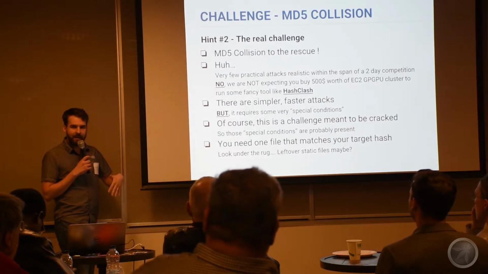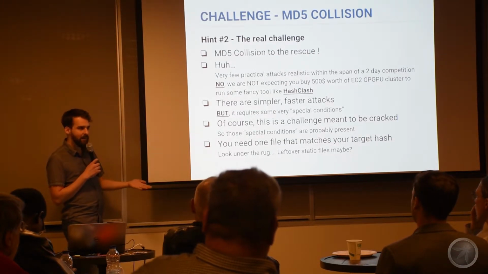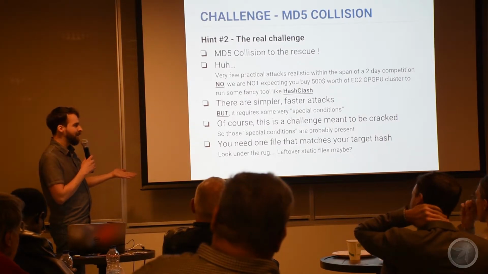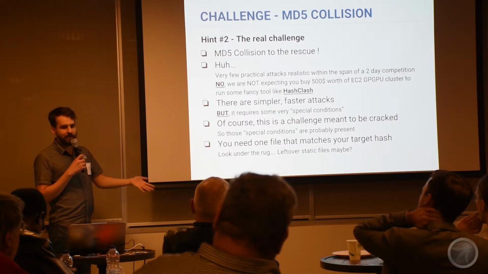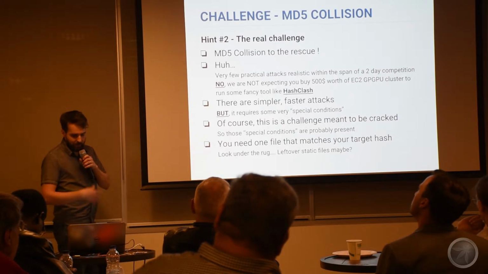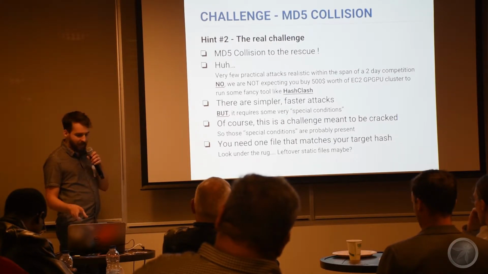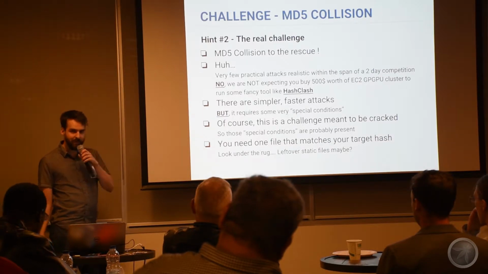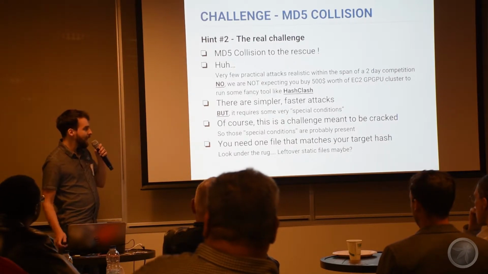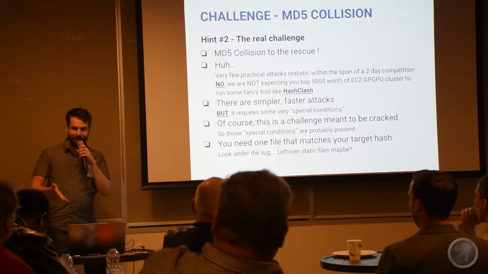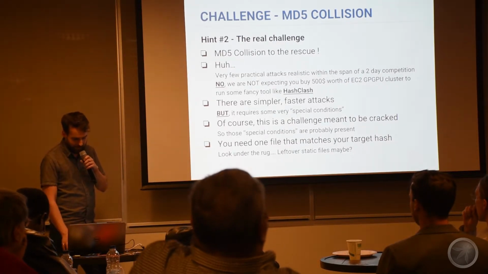So in the context of a CTF, that's probably not what we're looking for. We don't want you to spend hundreds of dollars and wait hours and hours to solve the challenge. So you indeed look at this special type of conditions called the chosen prefix collisions, and voila, this challenge happens to be fitting this exact set of conditions.